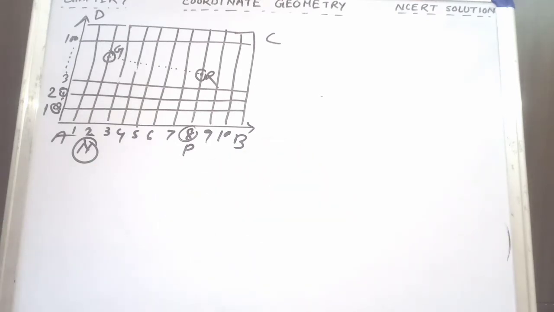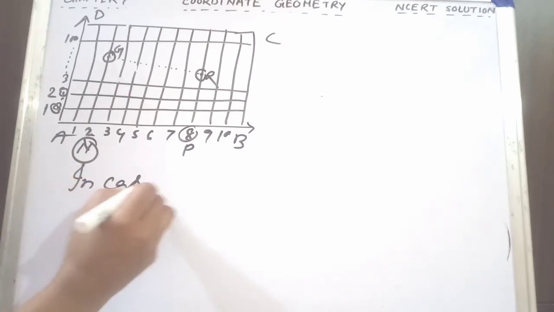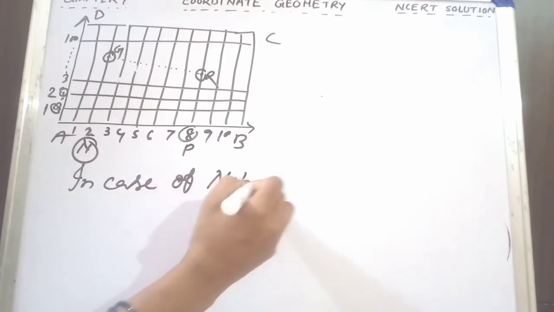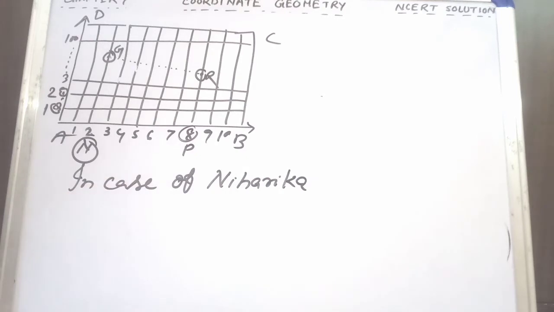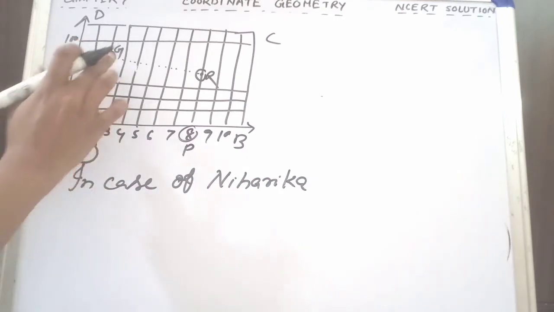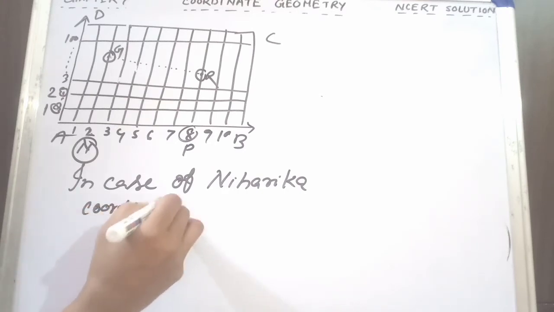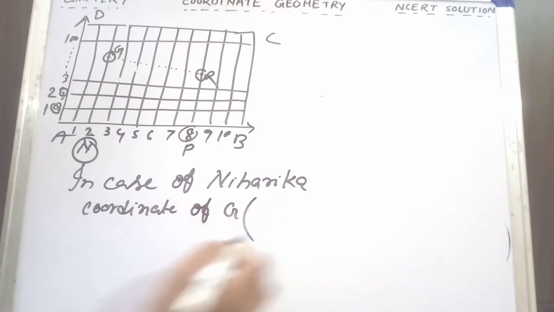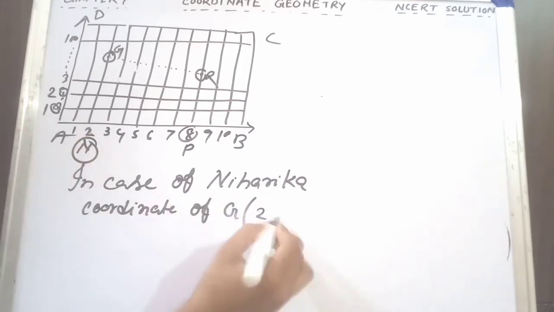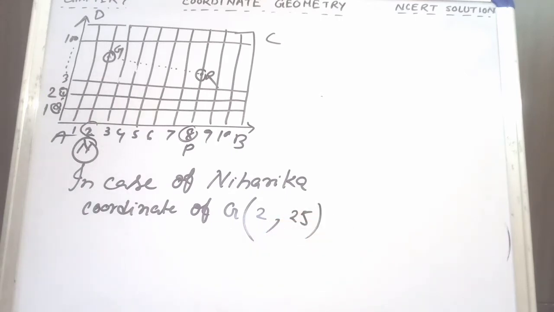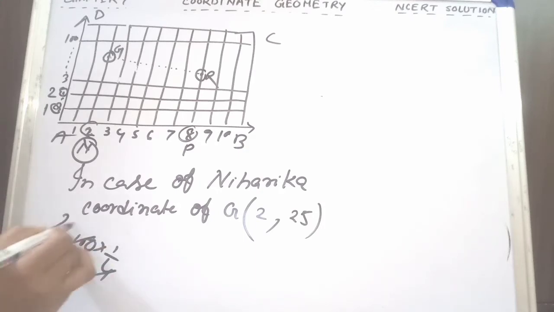So here in case of Niharika, suppose this point is G, coordinate of G, x coordinate is 2 and y coordinate is 25 because 1/4 of 100, that means 25.